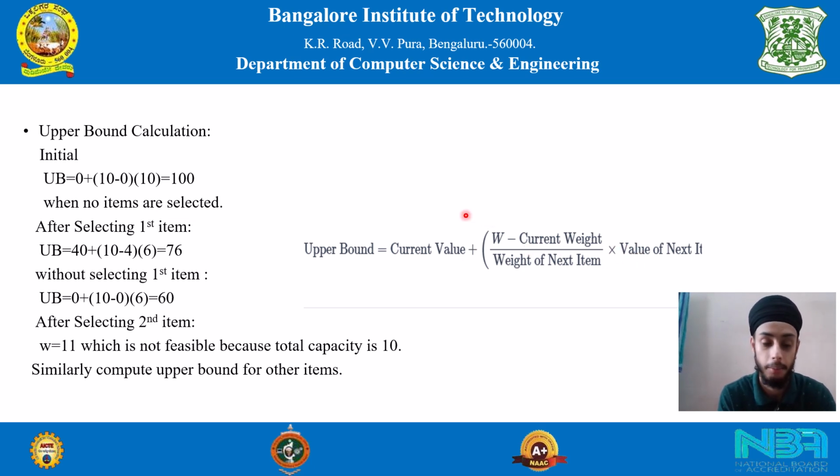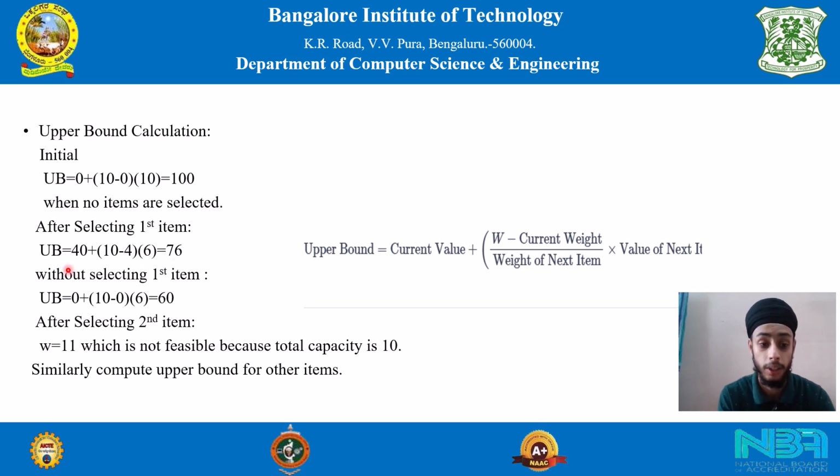Initially we don't have any weight or profit. Then we consider the values in order, 10, 6, 5. Initially the upper bound is 100, when no items are selected. After selecting the first item, that is profit 40 and weight equal to 4, we put these values into the upper bound formula, and after the calculation we get the value 76.